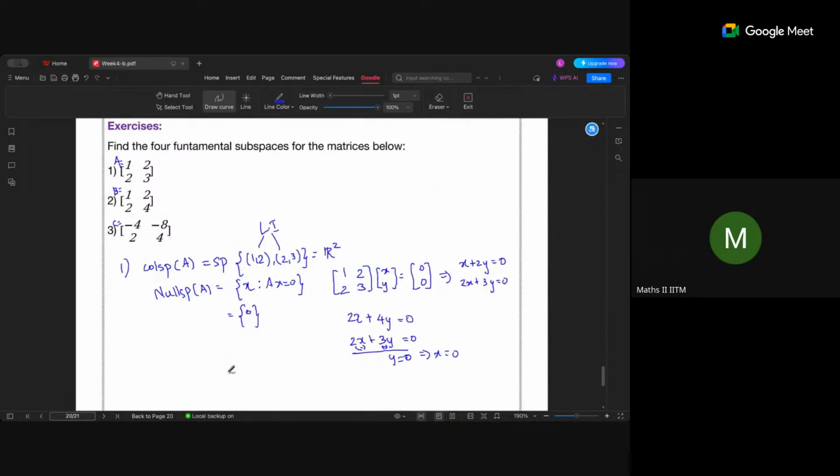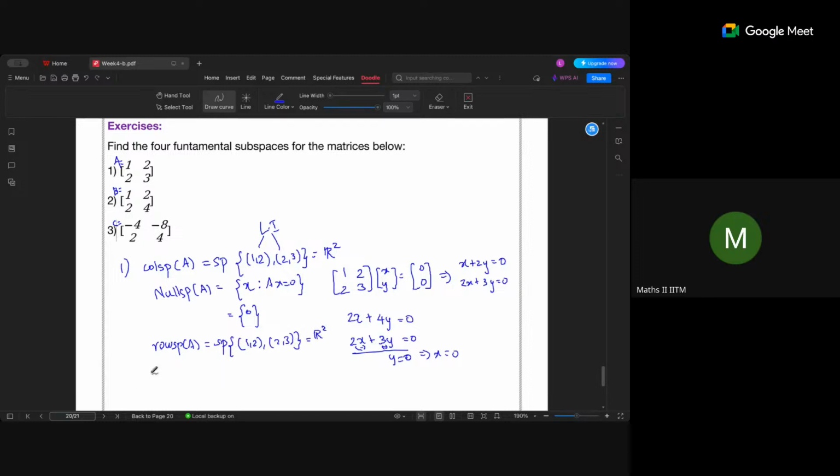Okay. What is the row space of A? Again, it is the span of (1, 2) and (2, 3). It is again the same as the column space, right?